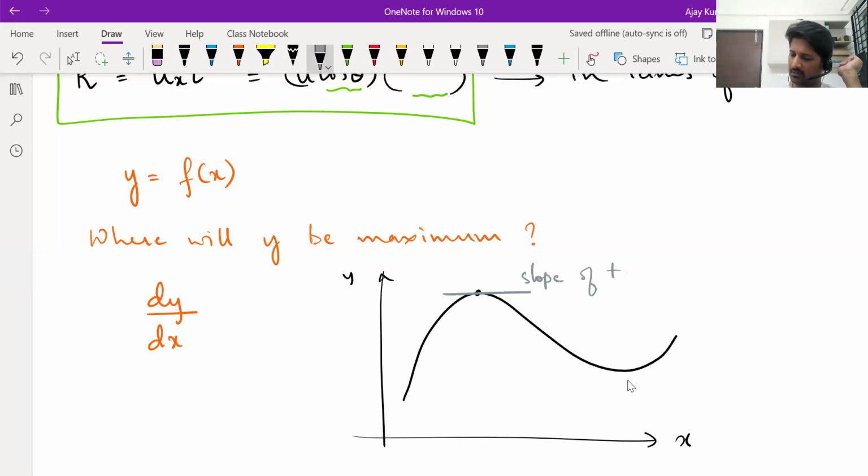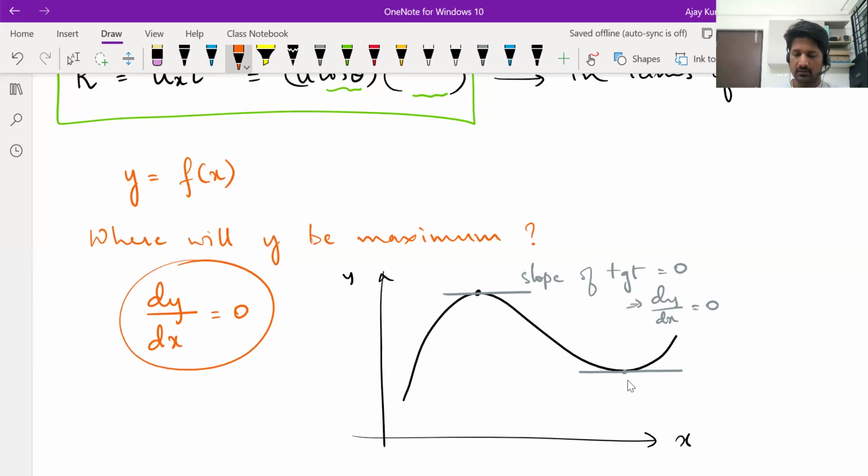Slope of tangent becomes 0 at maximum, and at minimum also the slope of tangent becomes 0. Slope of tangent means what? Derivative becomes 0. So whenever something is maximum, its derivative becomes 0. That's what we are going to use. And the roots of this equation will give you the values of x.